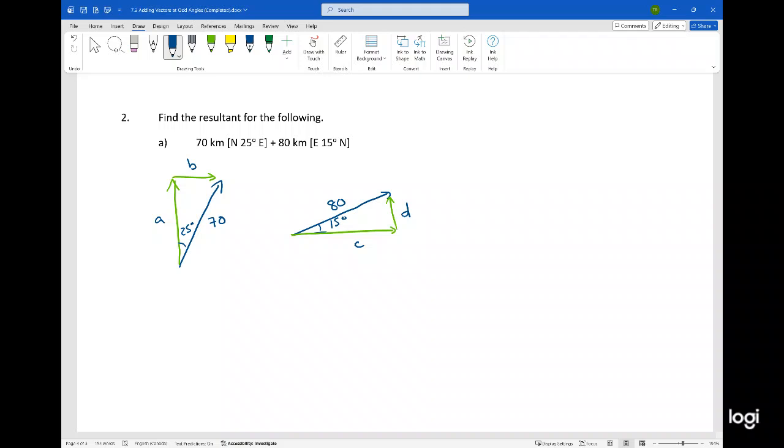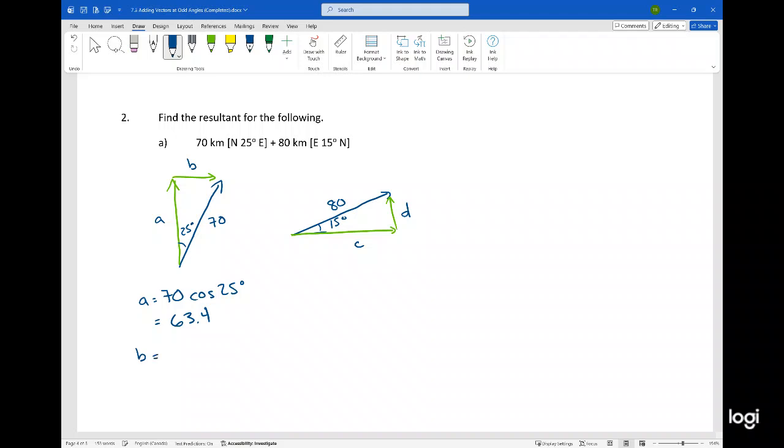So again, I'm going to use that little trick of rearranging quickly. A is adjacent to 25 degrees. So I'm going to just say that A is 70 cos 25 degrees. 70 times the cos of 25 is 63.4.